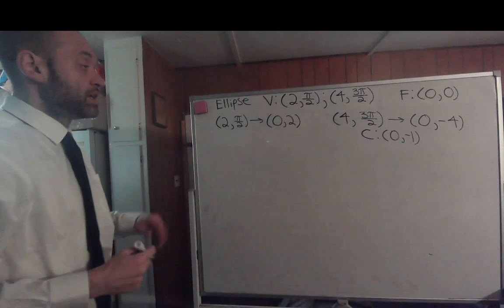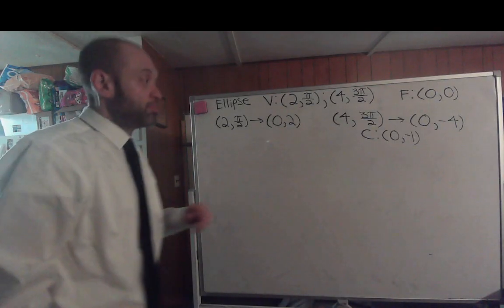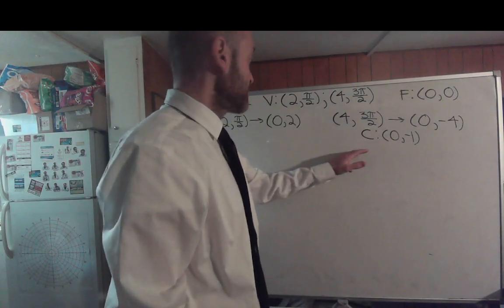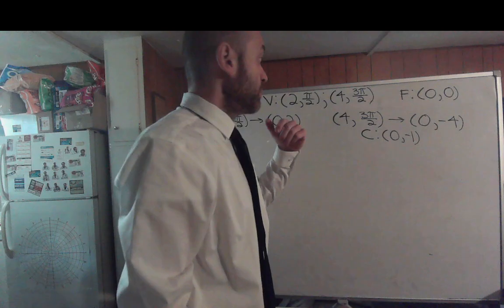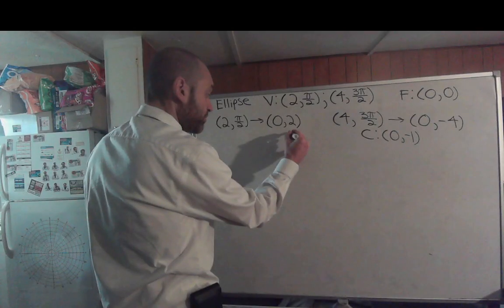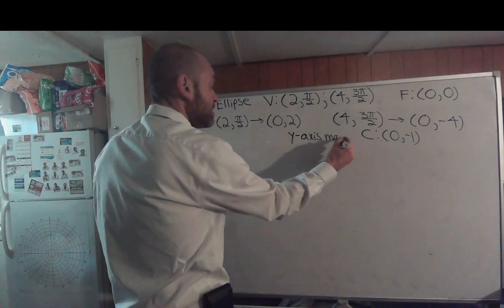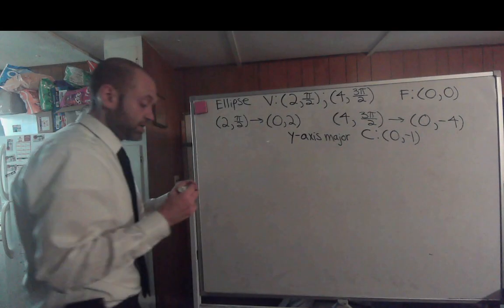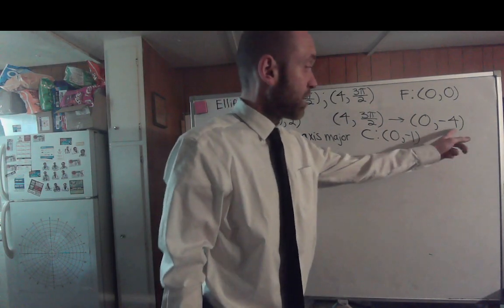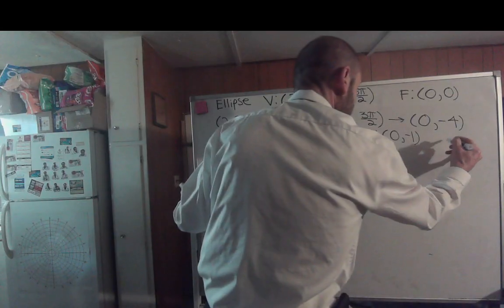Alright, so we can now find A and C, because A always goes from the center to a vertex. Well, we can tell the y-axis is definitely going to be the major axis. Why don't we write that? Y-axis major, because that'll help us set up the equation and find the directrix equation as well. So if you go from a y-coordinate of -1 to a y-coordinate of -4, that's a difference of 3, isn't it? So that means A has to equal 3.